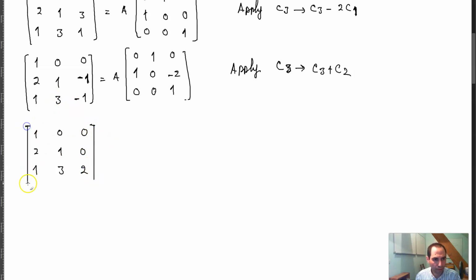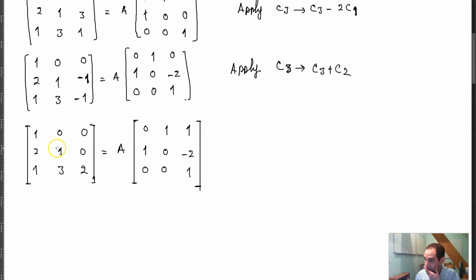And this is equal to A times, again, 0 1 0 1 0 0, and column 3 plus column 2 would be 1 negative 2 and 1. Next, what you have is we will apply column 3 becomes 1/2 of column 3, right?